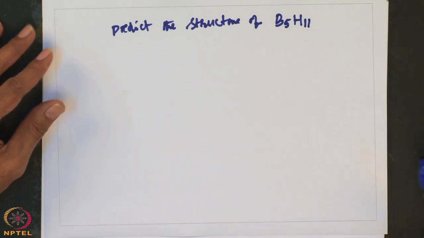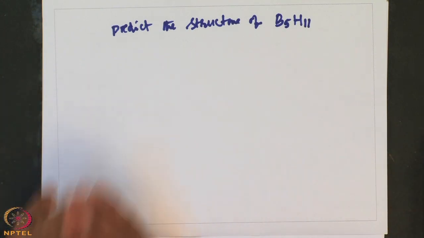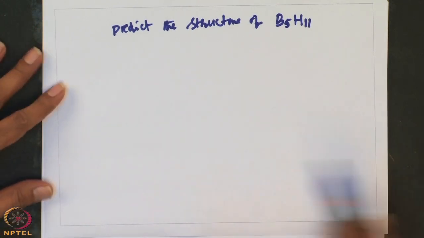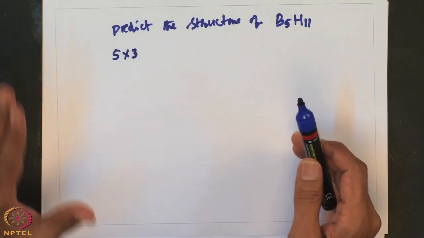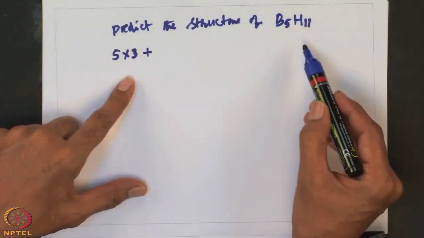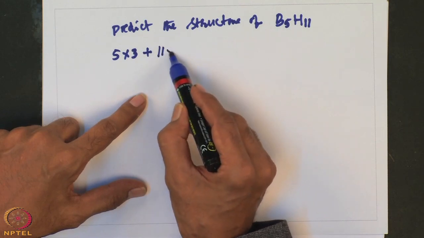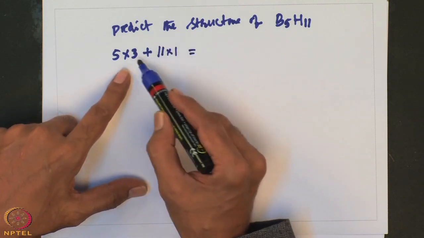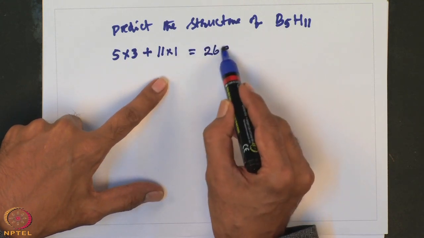As I had mentioned, we should start counting the electrons from boron and hydrogen. We have 5 boron atoms. So, 5 into 3, each boron has 3 valence electrons, s2p1, we count only valence shell electrons. Plus we have 11 hydrogen atoms, so 11 into 1. Totally we have 15 plus 11, 26 electrons.